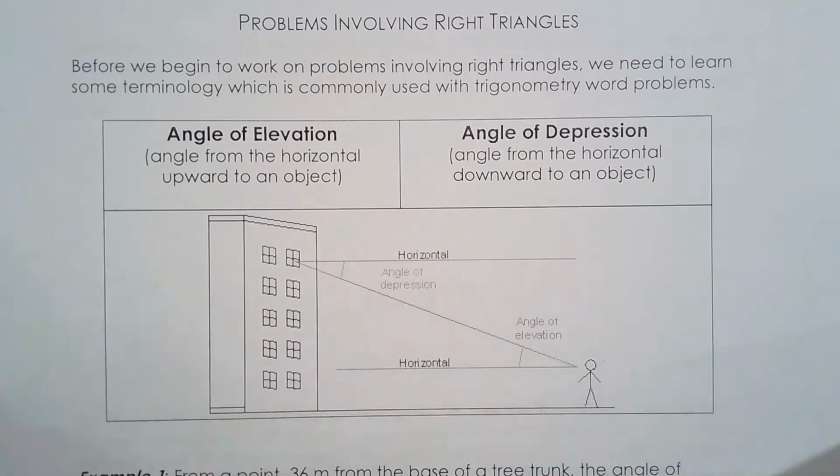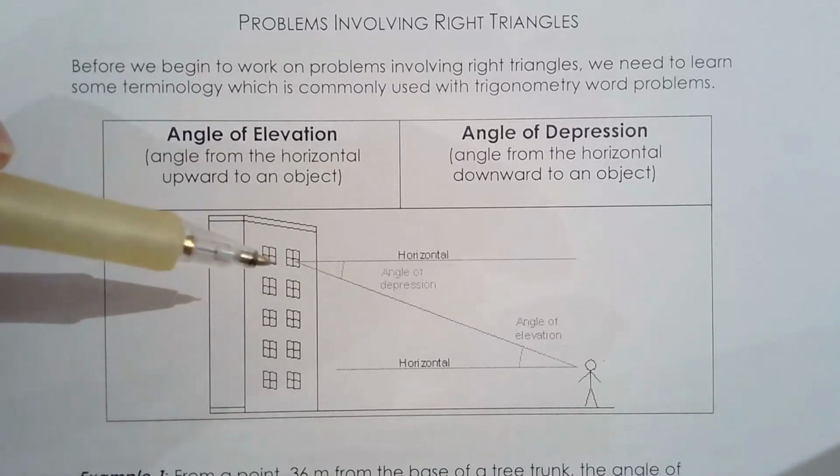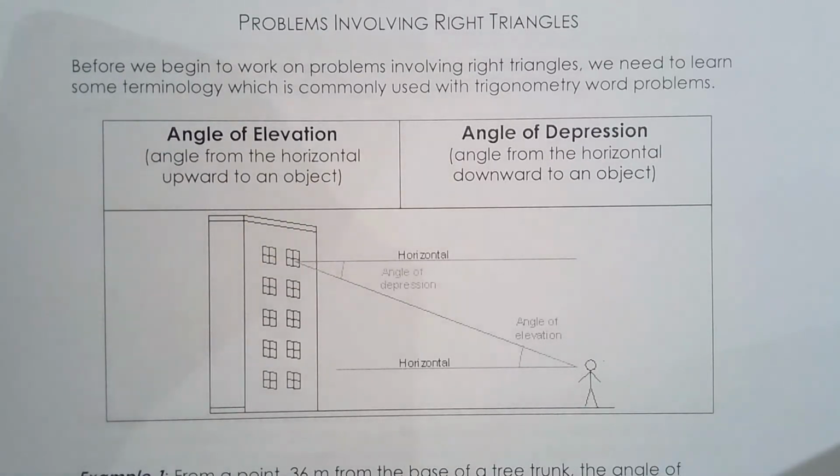Now this is very useful because when we read the word problem, we want to draw the diagram correctly. So please always draw the angle relative to the horizontal when we're talking about angle of elevation or angle of depression. So let's try some word problems.